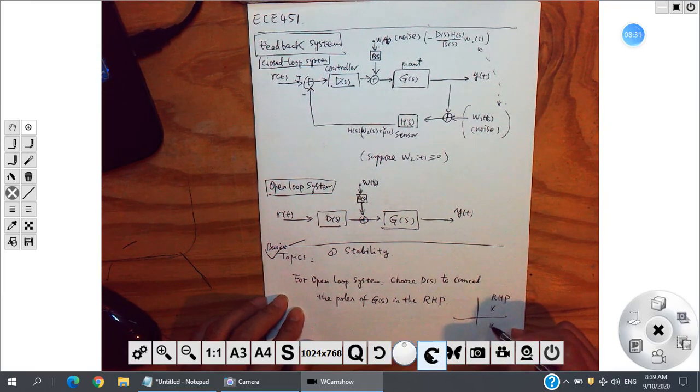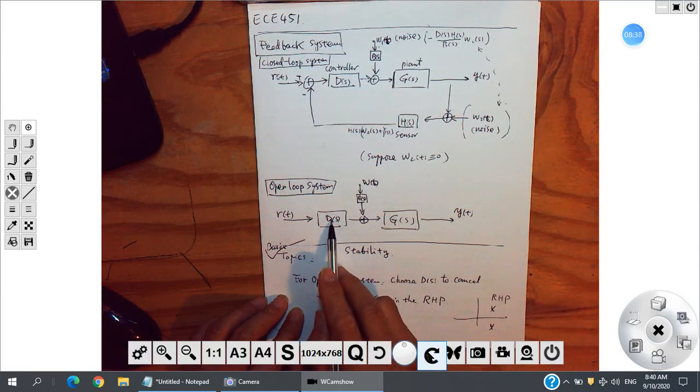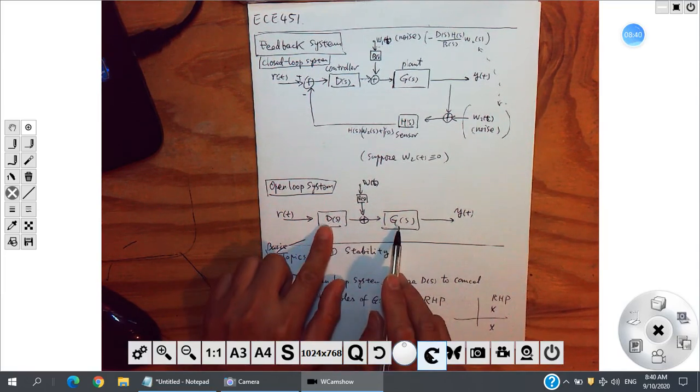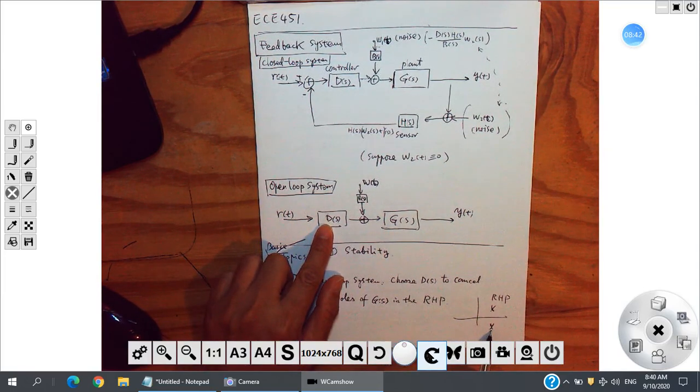If there are any poles in the right half plane, we need to put D in front of G to cancel them. That makes sense, right? You have a pole, then you put a zero here, then they cancel, and they will be fine.